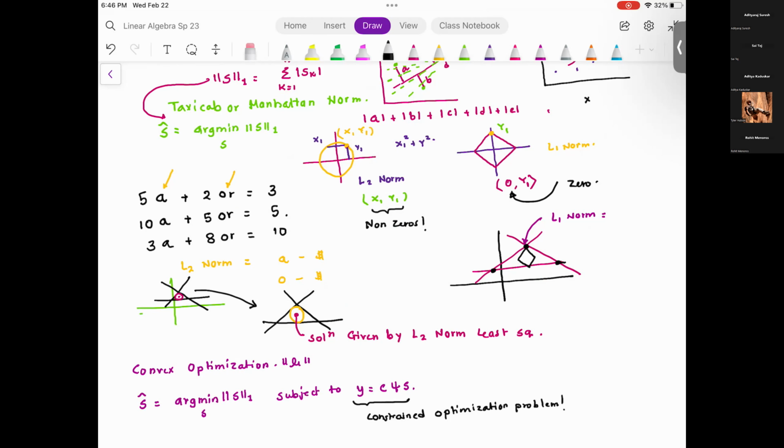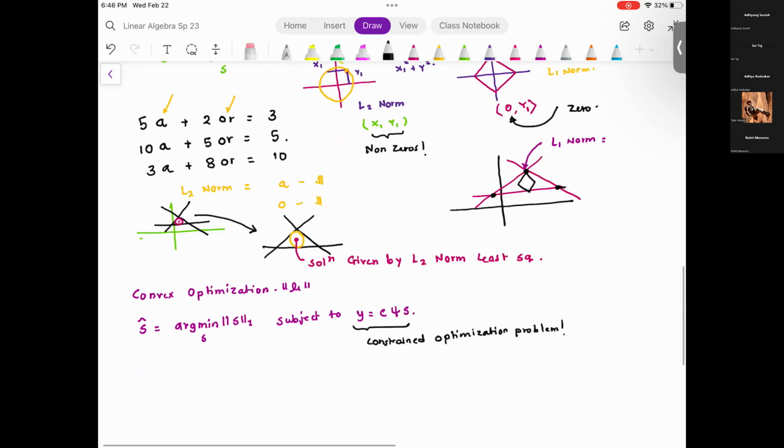And the important part here, and this is what I want you to remember, is that the L1 norm solution is sparse, which means it contains a lot of zeros.